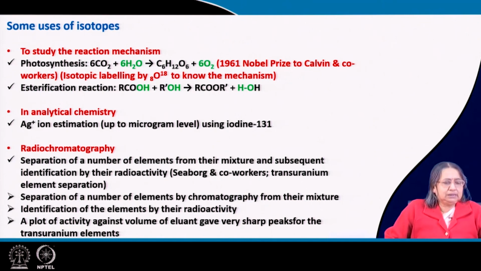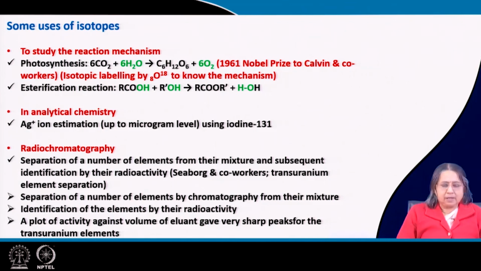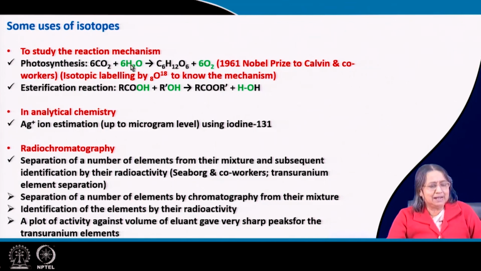Some uses of isotopes. This is not radioisotope; this is an application of isotope. Now, this is a very important reaction, photosynthesis. Here 6 CO2 plus 6 H2O gives C6H12O6, 1 molecule of glucose, and 6 molecules of oxygen.